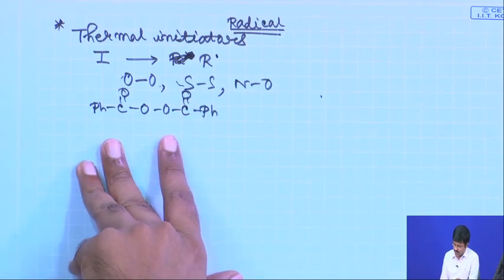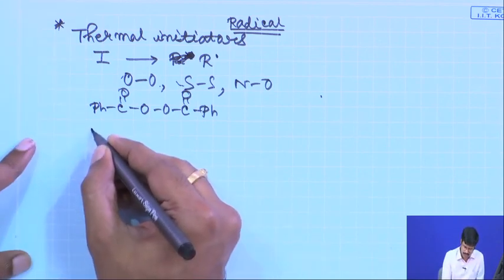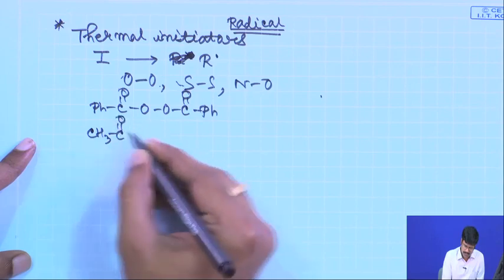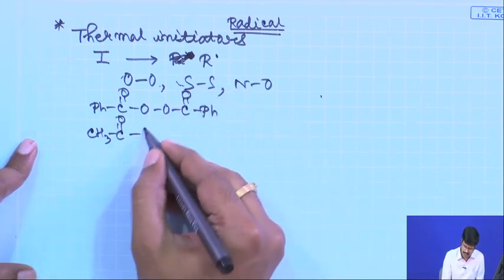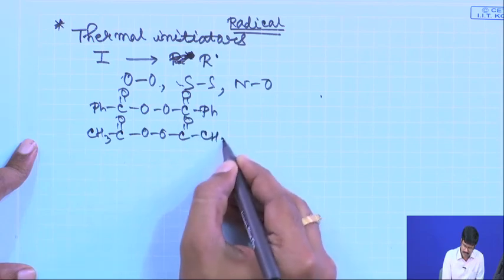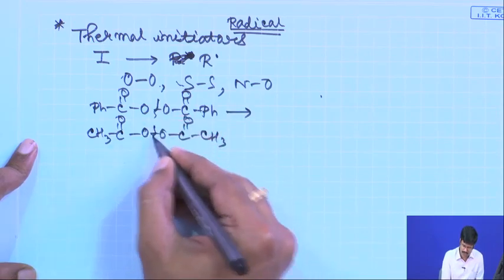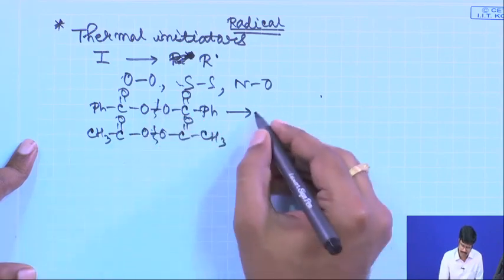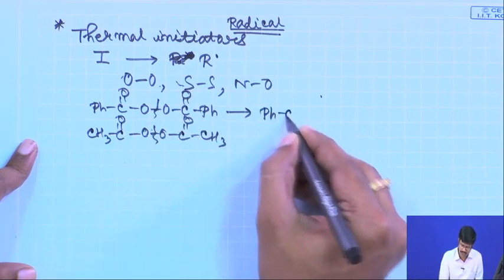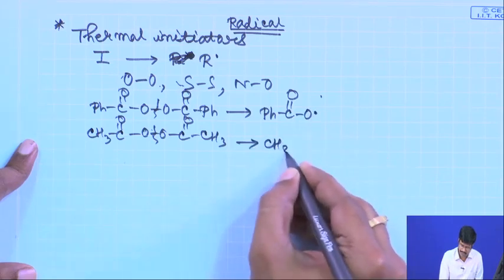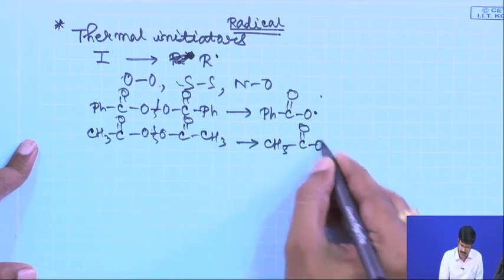So, you can have a benzoyl peroxide, or you could have an alkyl peroxide, let us say, and these will dissociate at this particular bond when you heat them, and it will produce this kind of radical initiating species.